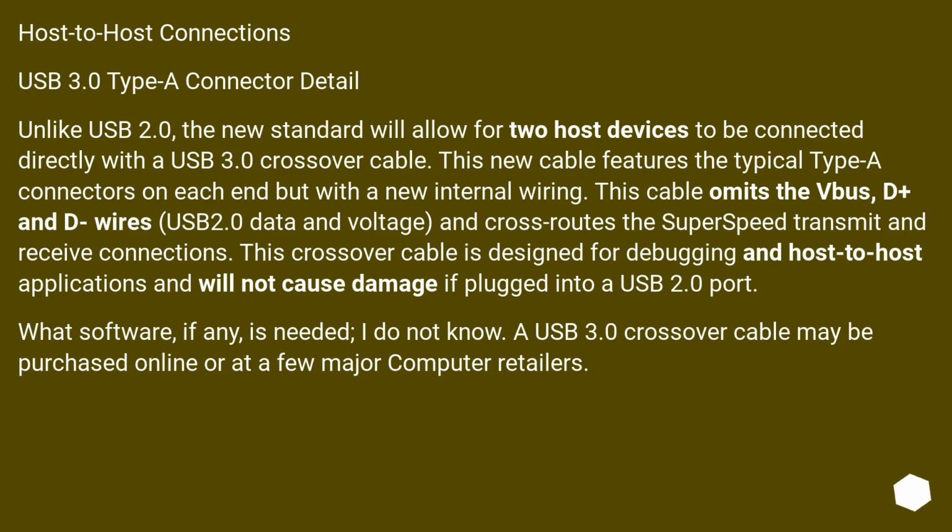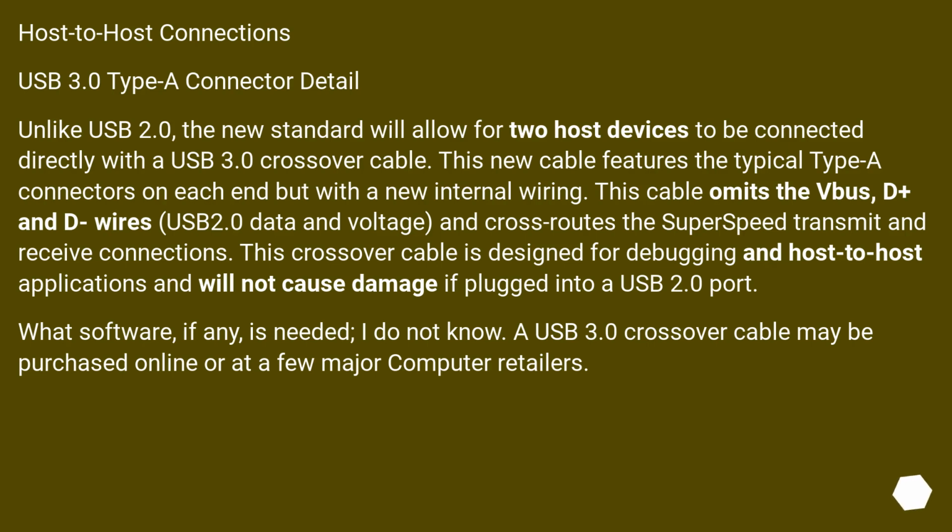Host-to-host connections. USB 3.0 Type A connector detail. Unlike USB 2.0, the new standard will allow for two host devices to be connected directly with a USB 3.0 crossover cable. This new cable features the typical Type A connectors on each end but with a new internal wiring. This cable omits the VBUS, D+ and D- wires, uses 2.0 data and voltage, and cross-routes the SuperSpeed transmit and receive connections.